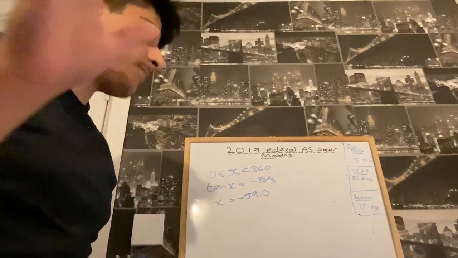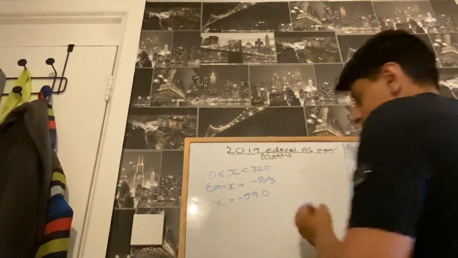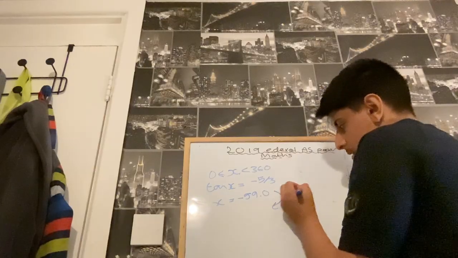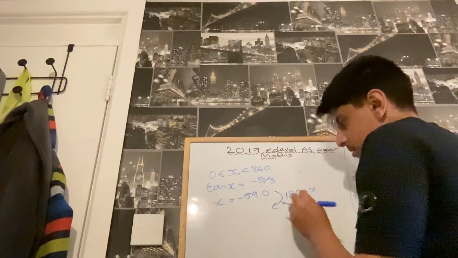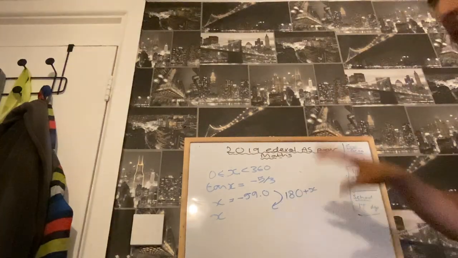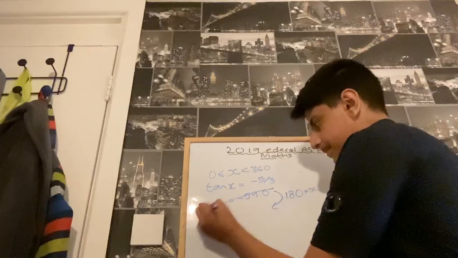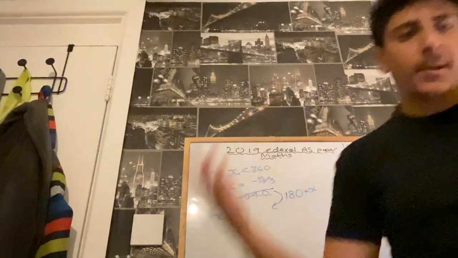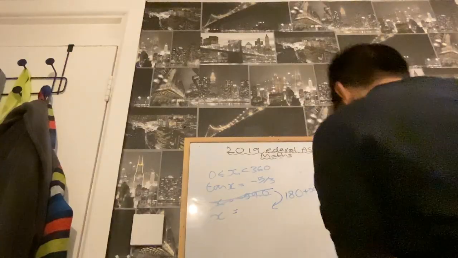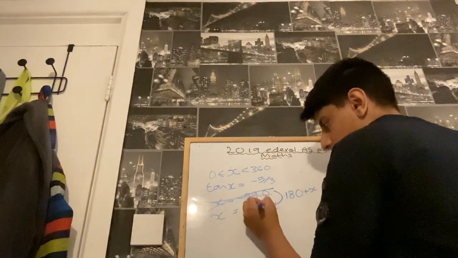And then sine, I believe it's 180 minus x. So in this scenario, this would be 180 plus x. Now, when we do this, if it doesn't fit the range, we just cross it out, just to let the examiners know that this is not a part of our answer. So that will be 121.